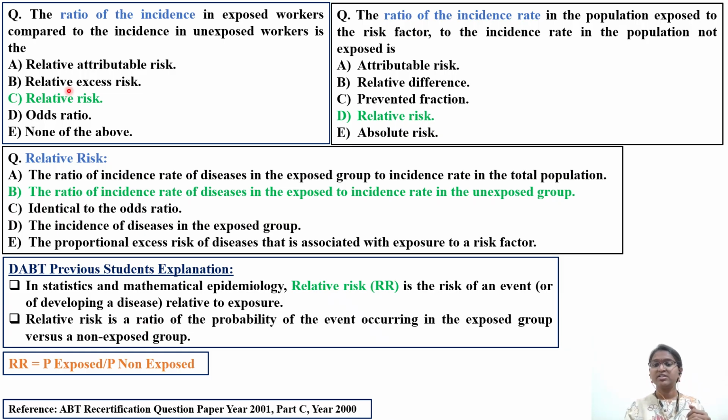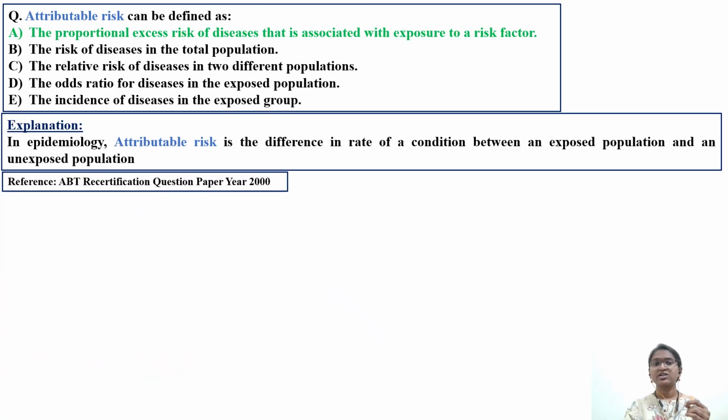Now we'll see another question with respect to attributable risk. This question was also taken from the ABT recertification paper 2000. Directly they have given the definition statements. Attributable risk can be defined as the proportional excess risk of disease that is associated with exposure to a risk factor. The rest, odds ratio and relative risk of disease in two different populations, are not applicable to attributable risk.